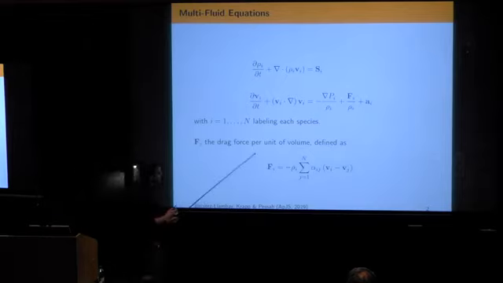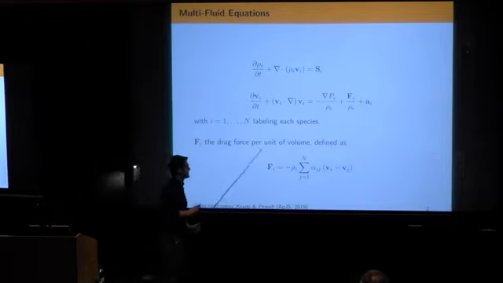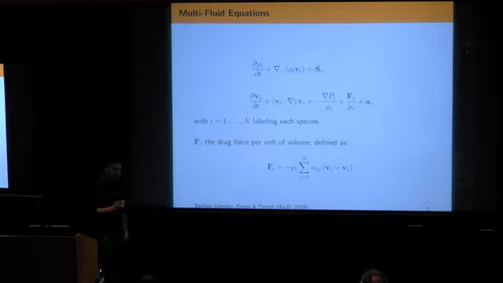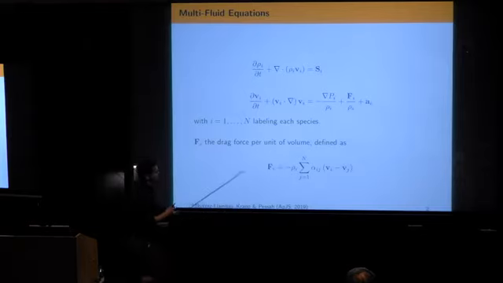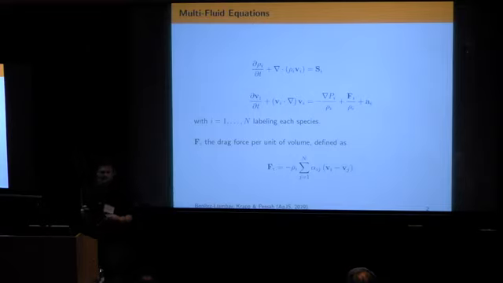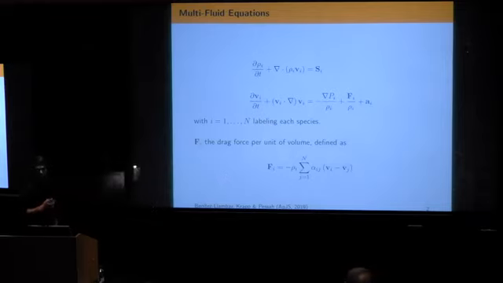What we are assuming now is that the drag force is given by this expression that depends on the velocity difference and has some collision rate, alpha, which in principle is a function of the density and the velocities of the different species. So the question is, how do we solve these equations to do some astrophysics?